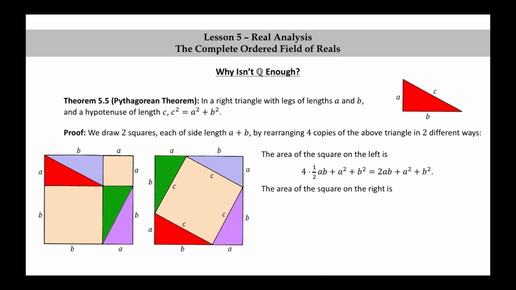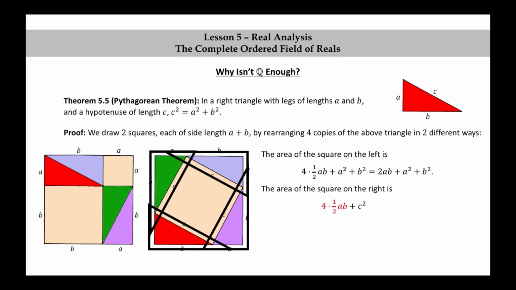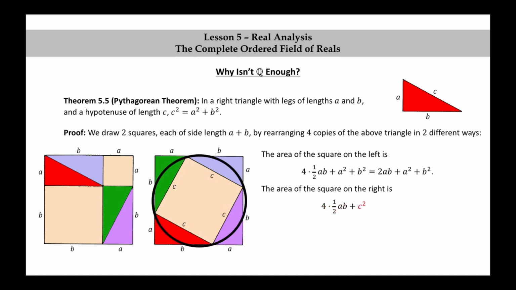Similarly, the area of the square on the right is 4 times 1/2 AB plus C squared. The 4 times 1/2 AB comes from the 4 triangles, and C squared comes from the square in the middle. And we could simplify that to 2AB plus C squared, again because 4 times 1/2 is 2.